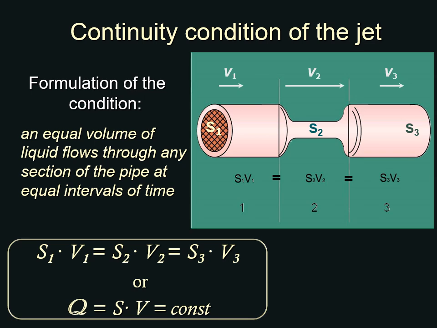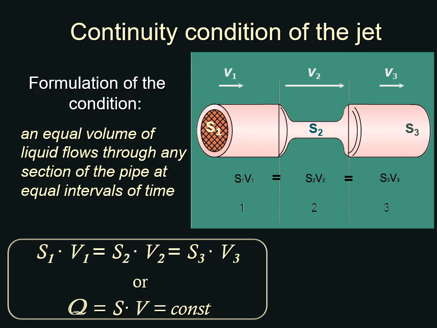The situation is as follows when the liquid moves from section S2 to section S3. In this case, in order for the liquid to occupy the entire volume provided to it, that is, the entire area of the pipe, it must slow down, otherwise cavities may form in the place of fluid movement.